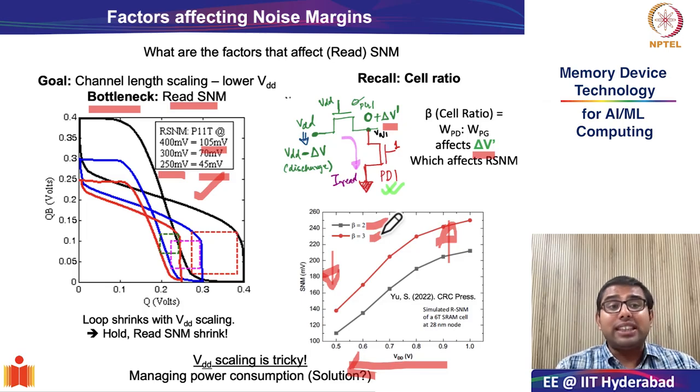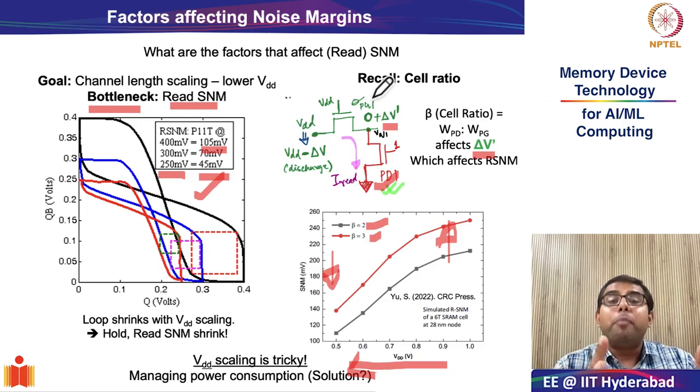But as we will see in the next class, this is not always very possible. Why is this the case? Because when you start improving the cell ratio, essentially you are making your PD1 stronger. As you start making PD1 stronger, you will also have to make the PU1 stronger. Why?